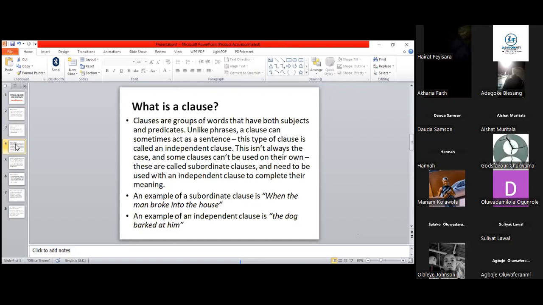Independent clauses can be used as sentences, while dependent clauses cannot. Why? Independent clauses give a complete thought, and a dependent clause will always depend on an independent clause to have its meaning actualized.